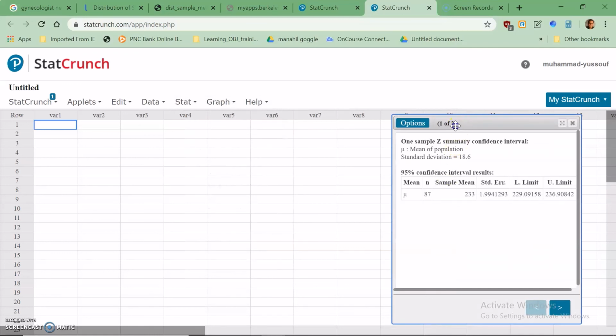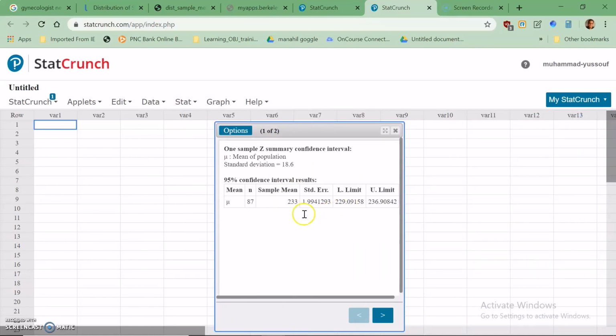When we do the computation, look at that, we have a sample mean, and we have a standard error. This is the standard error of the mean, 1.9, and what is the lower limit? It's 229.09, and what is the upper limit of the interval? 236.91. It's the same value which we were getting in our previous result. And you can also see the graph.